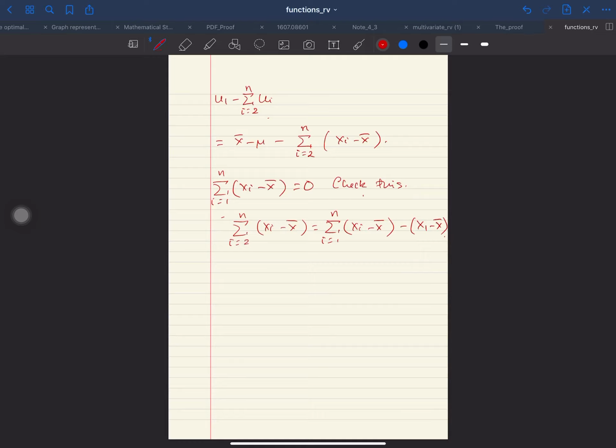In that case, we therefore have that x bar minus mu minus the summation i from 2 up to n of xi minus x bar, this part we know is already 0, is nothing more than x bar minus mu minus x1 minus x bar, minus of a minus.